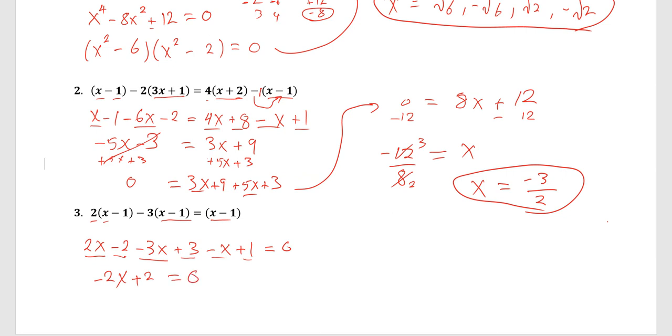Okay, equals 0. x equals, bring this minus 2 to the other side, so x is equal to minus 2, and then divide by this minus 2, divided by minus 2, or x equals 1.